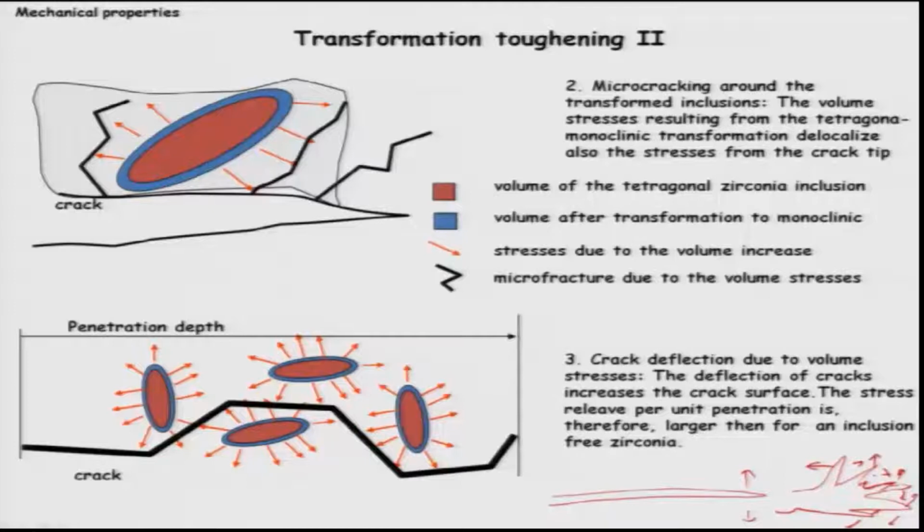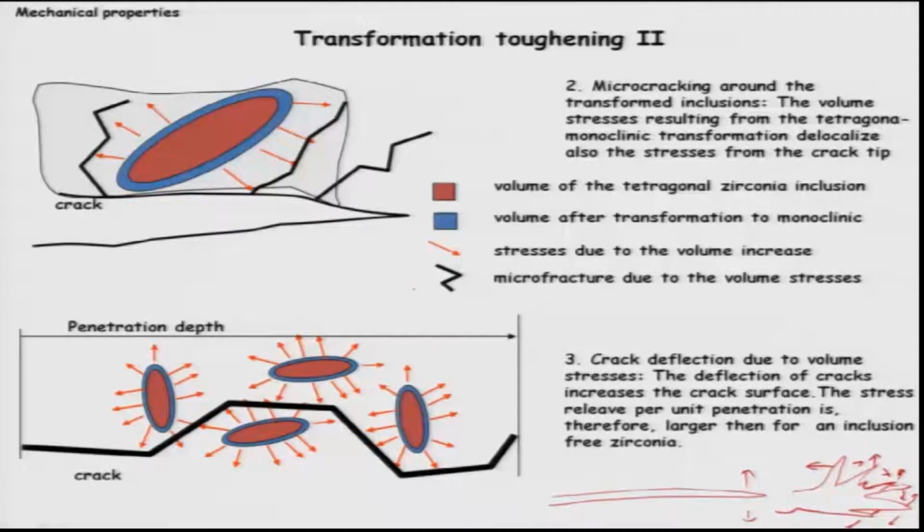Simple, the same idea. Basically what this picture shows is that this red color region is the volume of tetragonal zirconium inclusions, and this one is the volume after transformation. So there is a volume increase as you know, and the red arrows show the stress due to the volume increase in the microstructure.